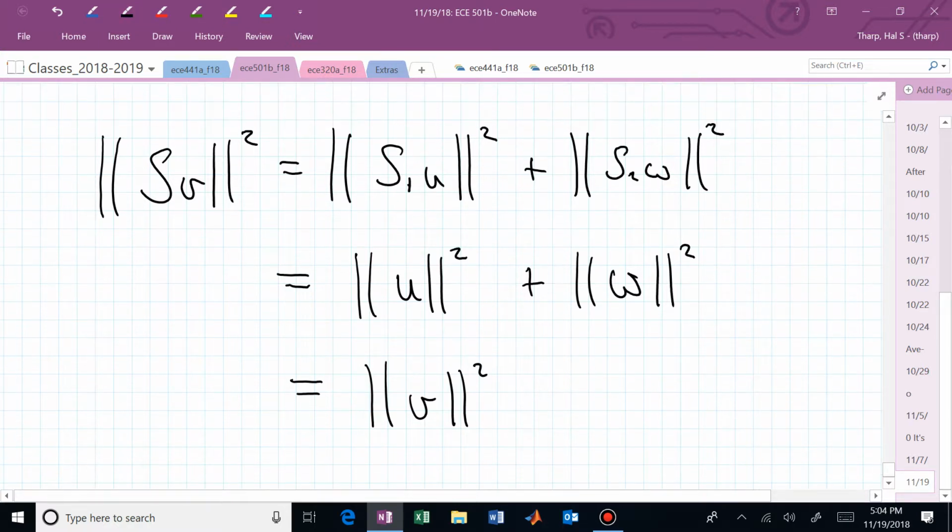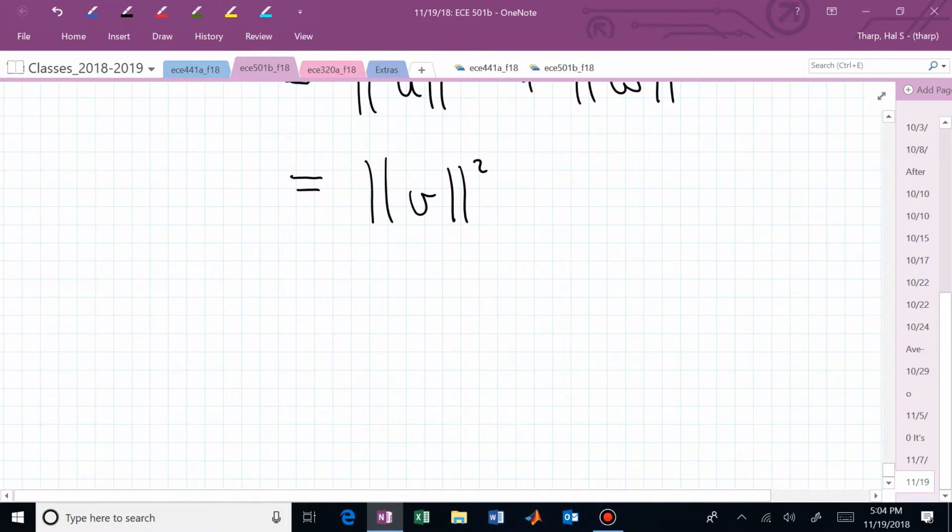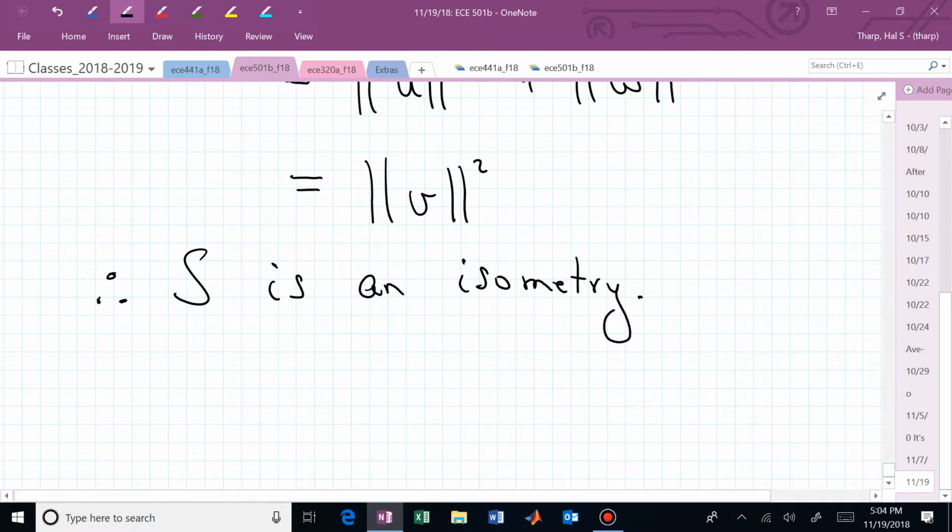And now what have we shown? We've shown that the norm of SV is equal to the norm of V. S is an isometry. So now we can say, therefore, S is an isometry.